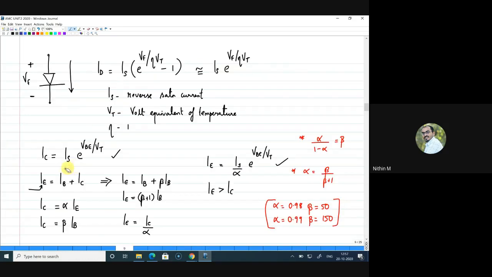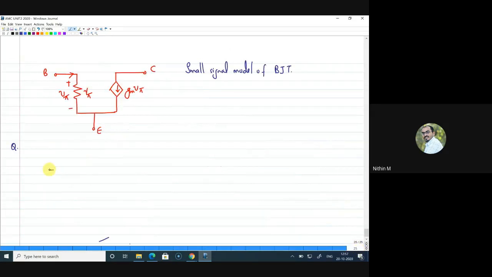Say there is a BJT where at the base you have a DC voltage of around 0.8 volts and an AC incremental signal, and at the collector you have another voltage of around 1.8 volts, right?